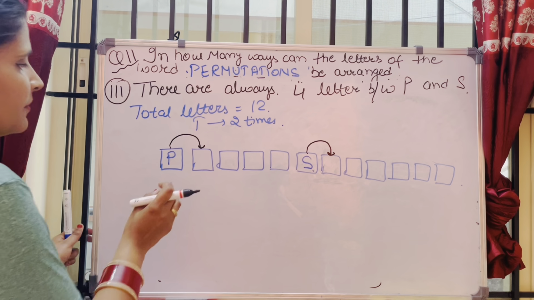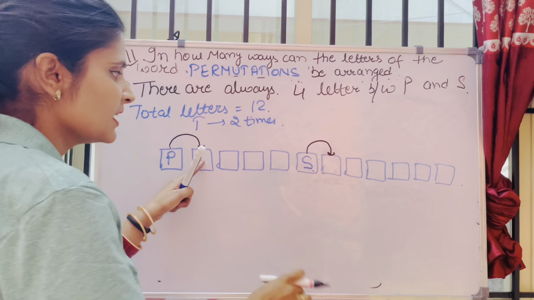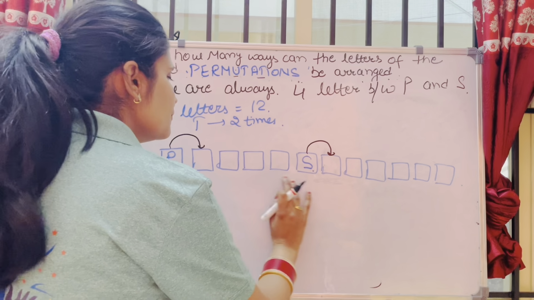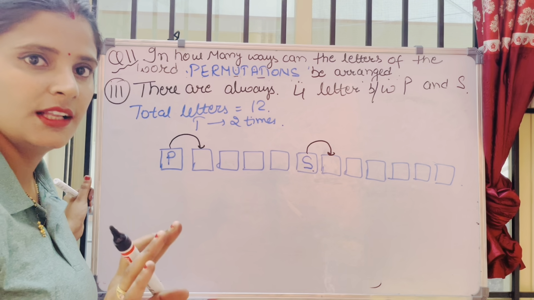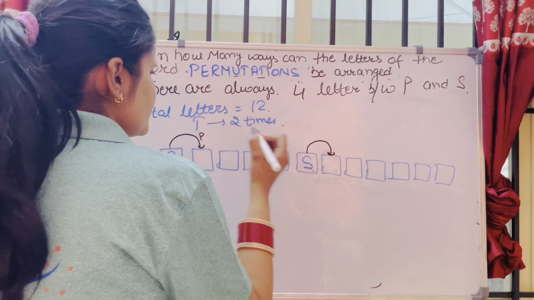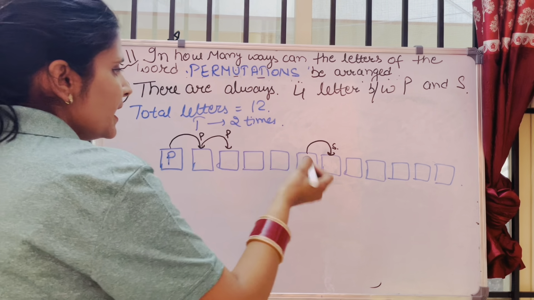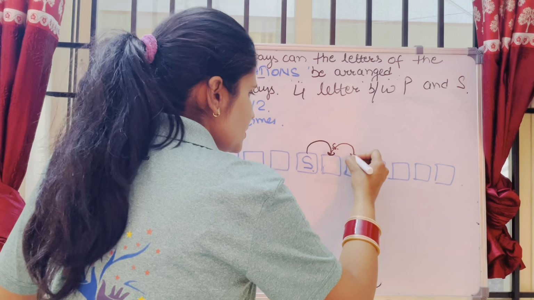Then if P comes in this position and S in this position, the 4 letters in between are left. Again, if P shifts here, S will also shift here.